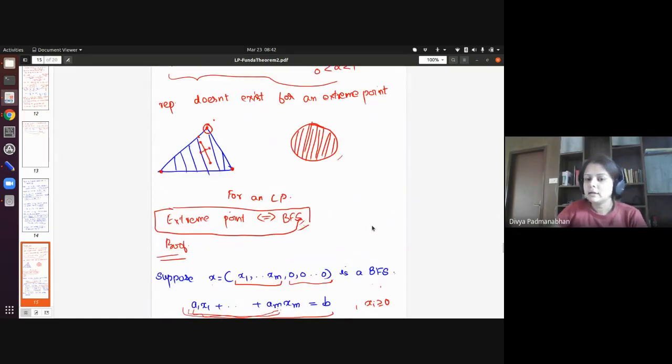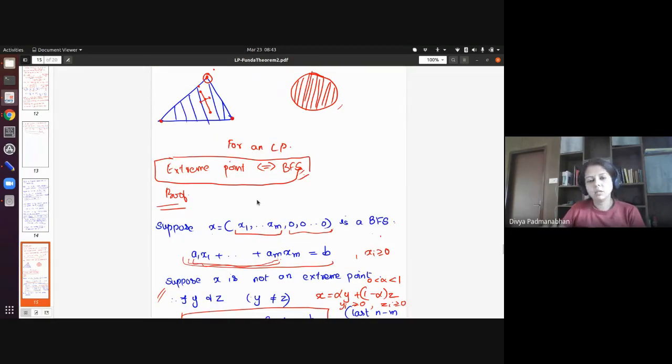It turned out that extreme points and basic feasible solutions correspond to each other. They are actually one and the same. In an intuitive sense, these extreme points are indeed the vertices of the feasible region.